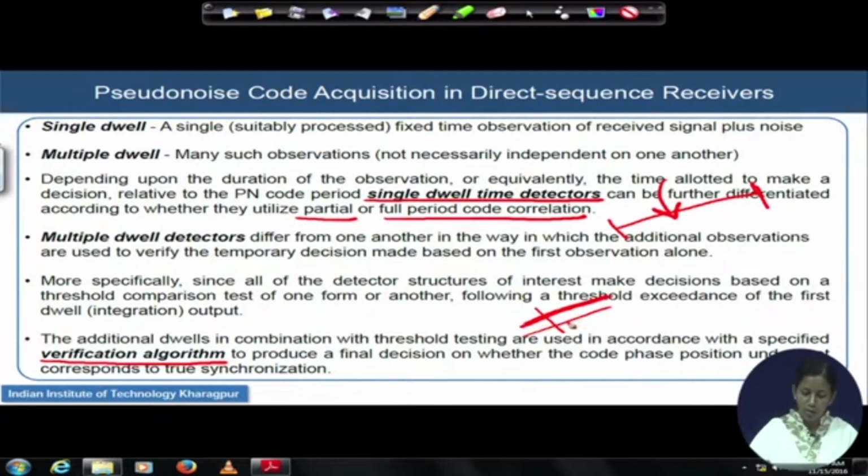The decision device says how many times, over multiple dwell intervals, you are crossing that threshold. So this verification algorithm decides whether you take the decision based on the single observation, if it is a single dwell system, or whether synchronization will be declared achieved by observing multiple observations over the multiple dwell time and running the verification algorithm over the multiple dwell time.